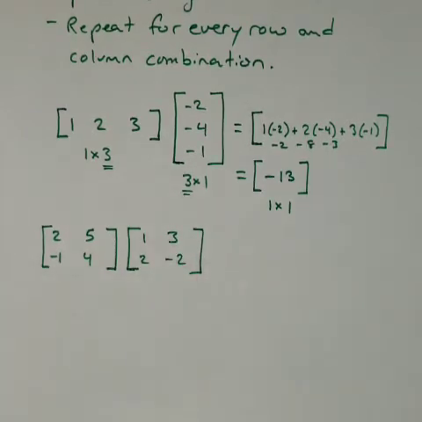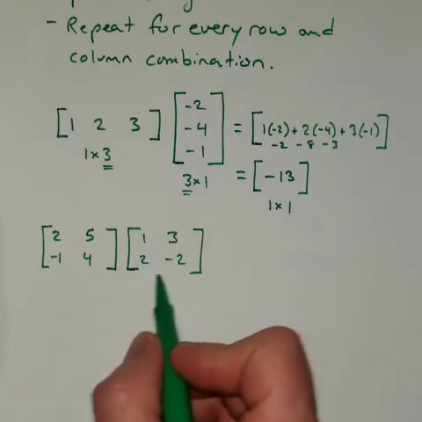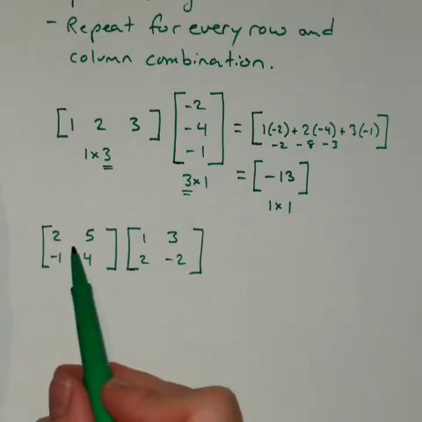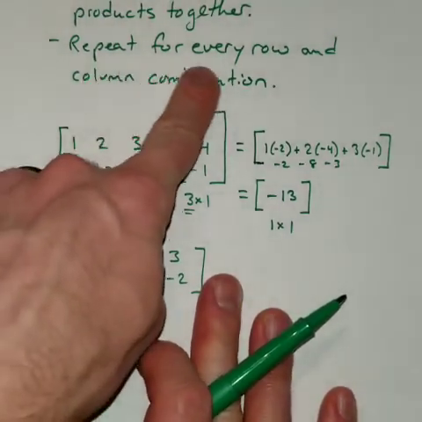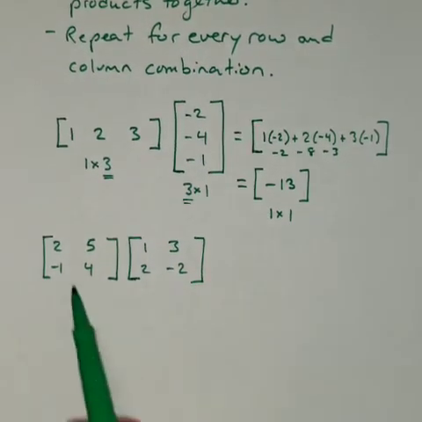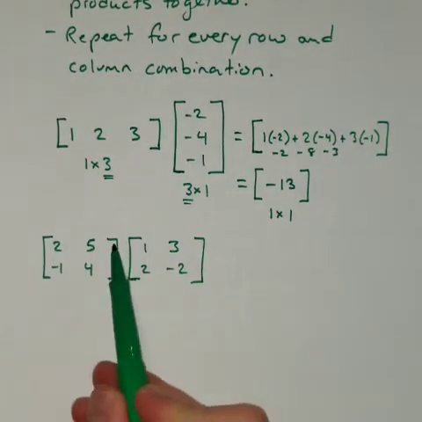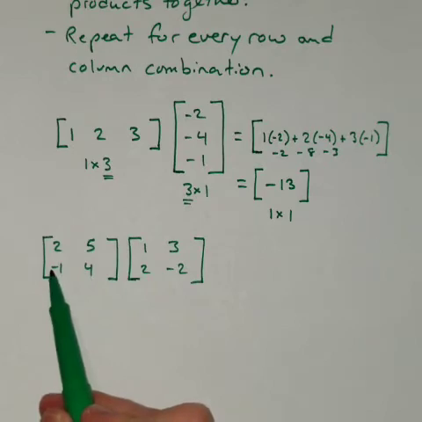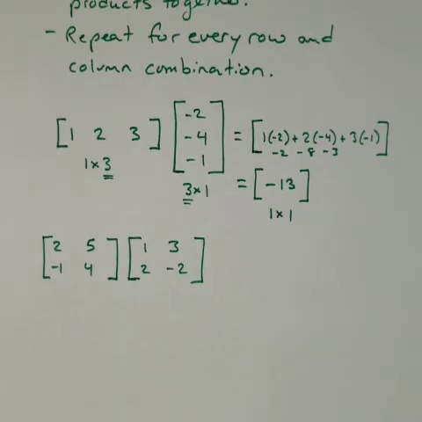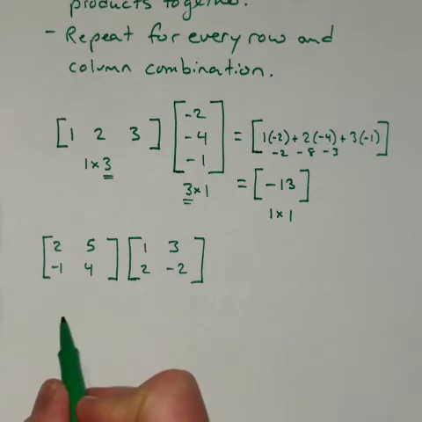Okay, so on this one, again, we're going to want to do row times column, but we've got to do what remember I set up here, repeat for every row and column combination. So you're going to multiply first row, first column, first row, second column, second row, first column, second row, second column. And those combinations will each be their own entry in the new matrix. Okay? So, let's line this up.